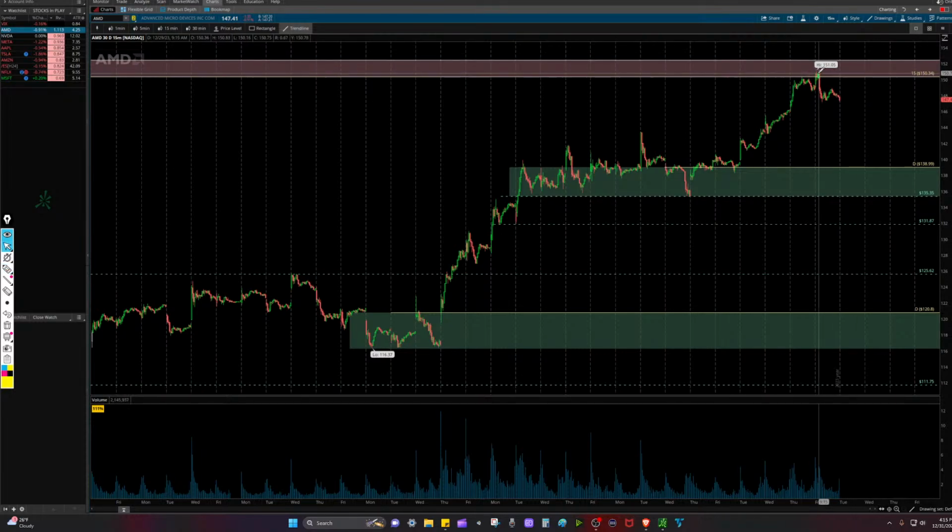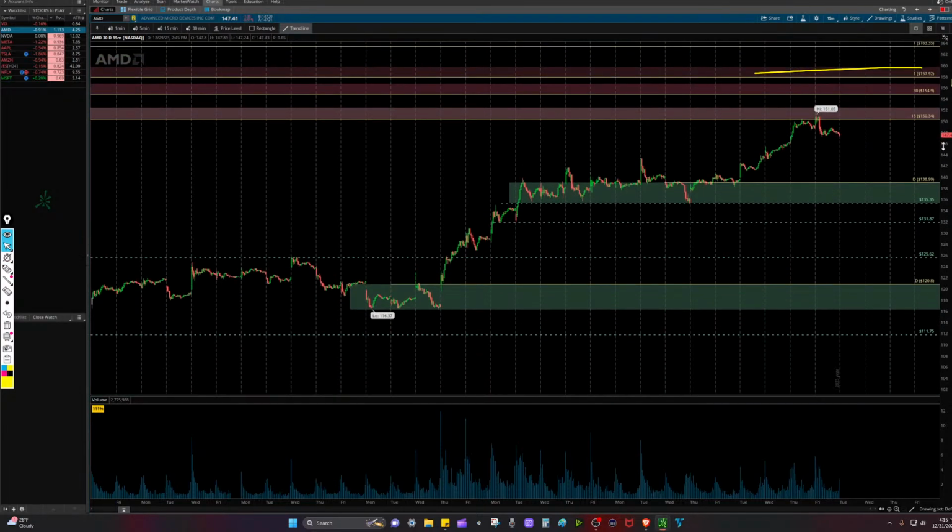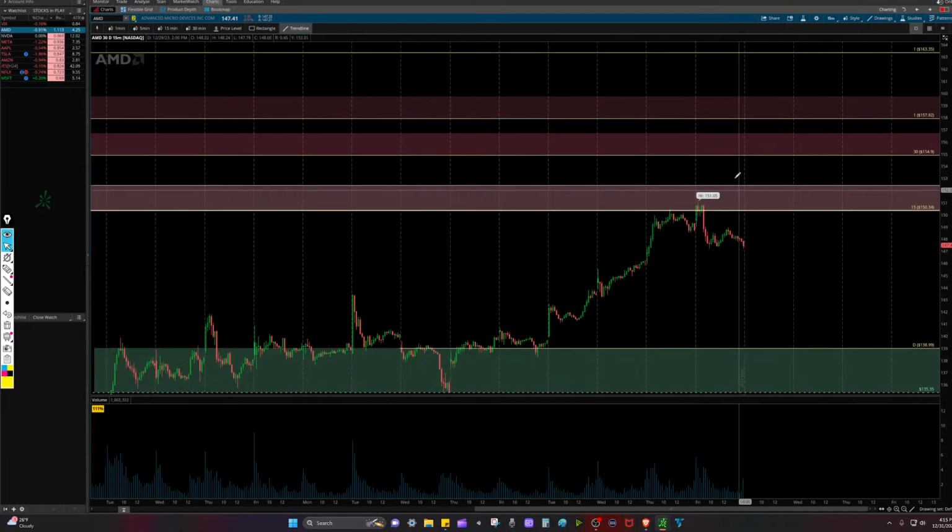But if this one opens above 151, right, if it opens above 151 and the market is also strong, then I might be trading for a bullish setup, targeting 155 level, 151 to 155 until next supply zone, right?